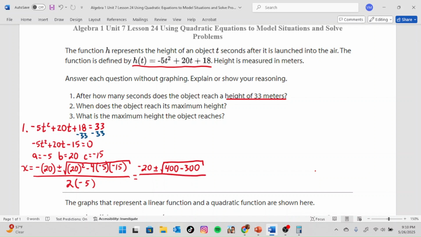Then 2 times negative 5 is negative 10. 400 minus 300 is 100. And the square root of 100 is plus or minus 10.